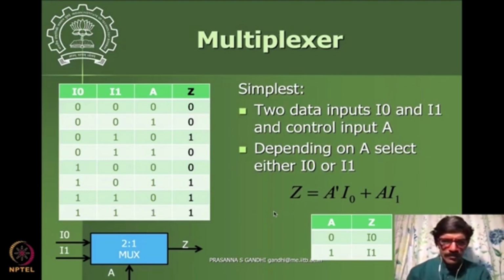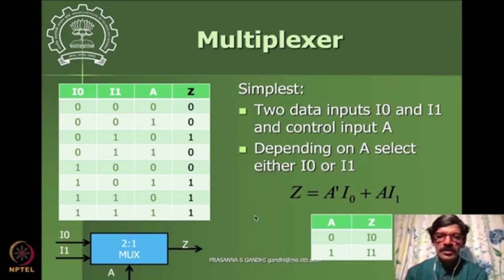You can have your own way of defining this also, but this is one particular definition. Depending upon A, you are selecting the output, and then you can directly write Z in terms of I0 or I1, so you can write it like this also directly.